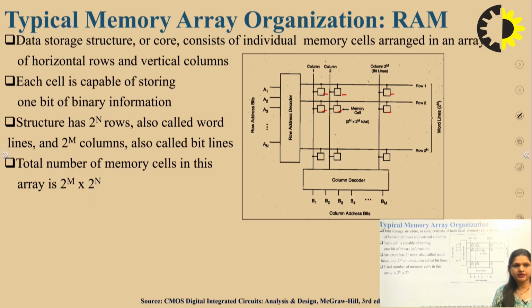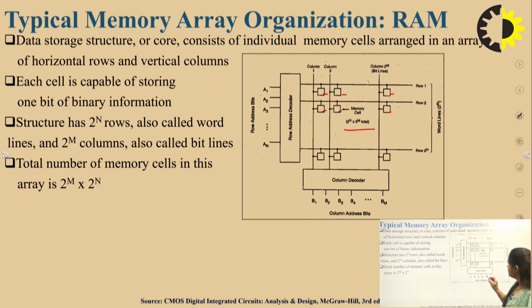If there are m bits, then 2 to power m columns are there. Similarly, if there are n bits at the row side, then 2 to power n rows are there, and the size of memory is given by 2 to power n multiplied by 2 to power m. So this is the memory size.